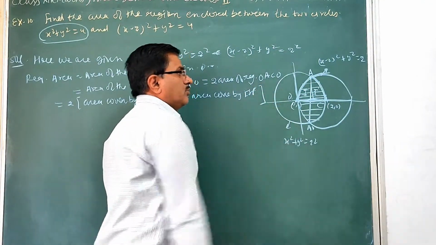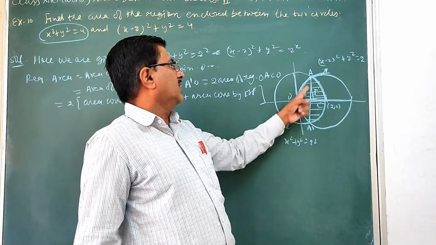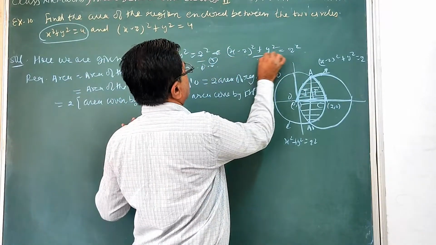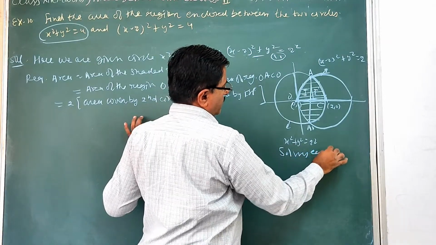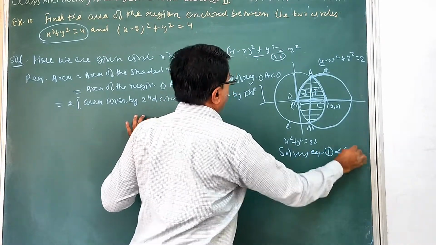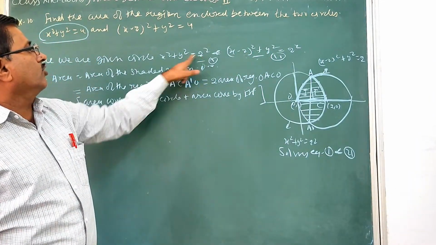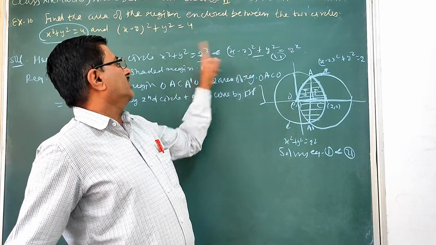Now here also we know the coordinate of A. That's why you solve these two equations, solving equations 1 and 2. So how to solve? Here you can put the value of y square as 4 minus x square. The value of y square from the first, we put in the second.